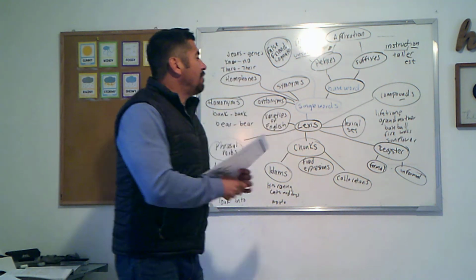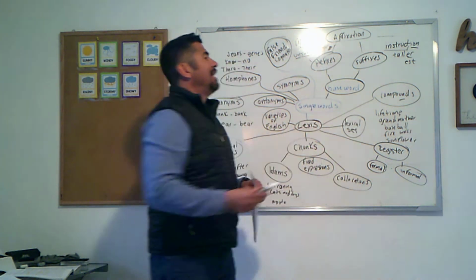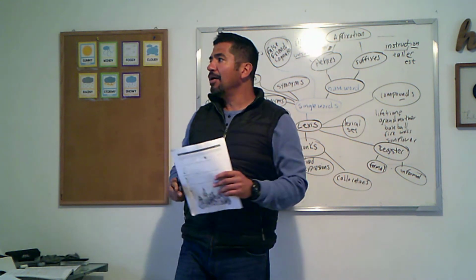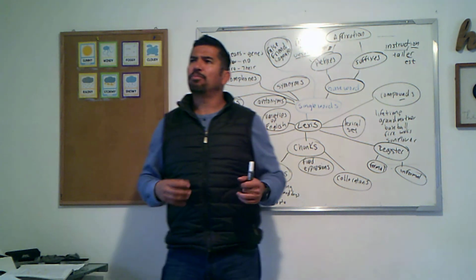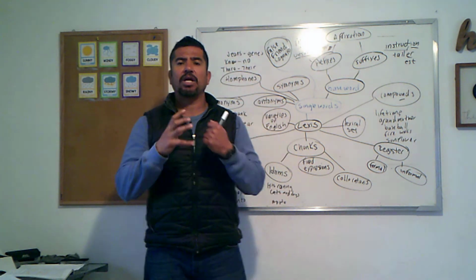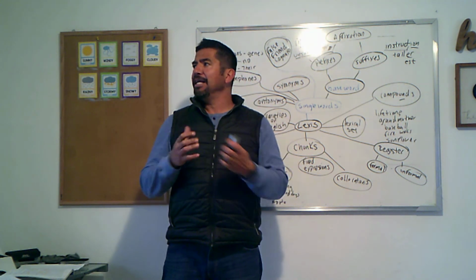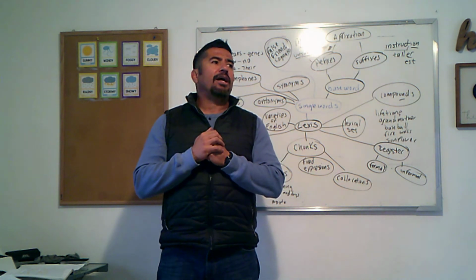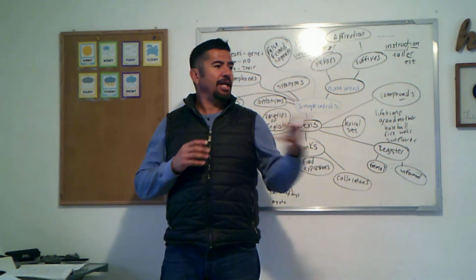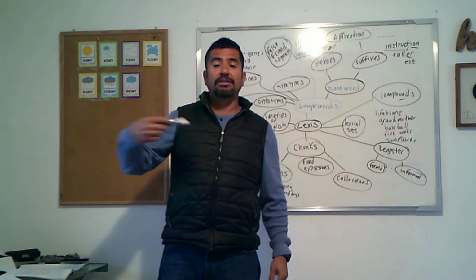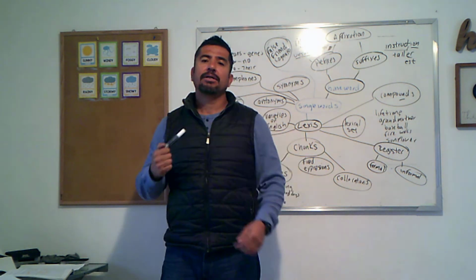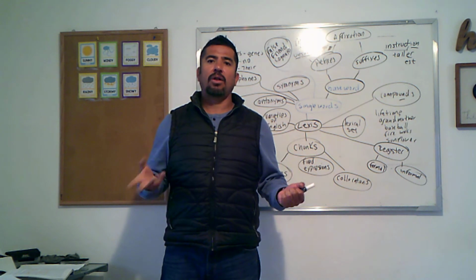Now, we have what we call lexical set. A lexical set is a group of words that have something in common. For example, the lexical set for classroom would be chair, desk, whiteboard, teacher, student, marker, pencil, colors.